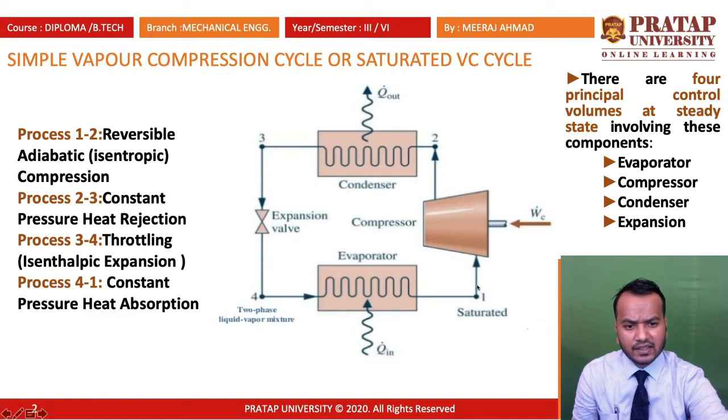Then again this saturated vapor enters the compressor, where isentropic compression takes place. At points 1 and 2 the entropy is constant, because in the compressor the process is isentropic. In the expansion valve, the throttling process takes place, so the enthalpy is constant at points 3 and 4.